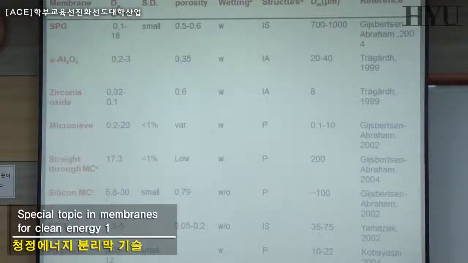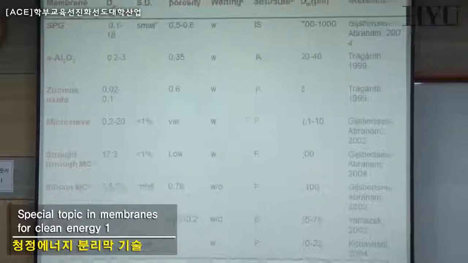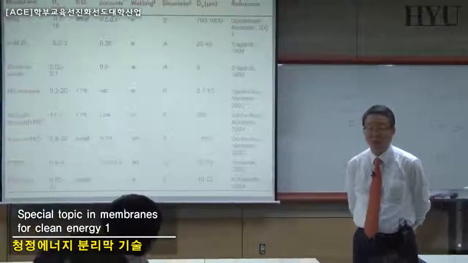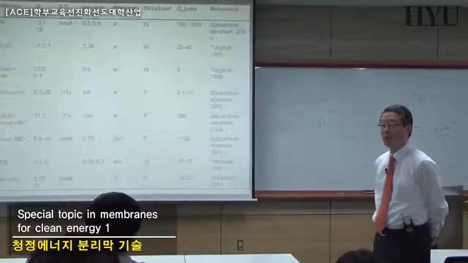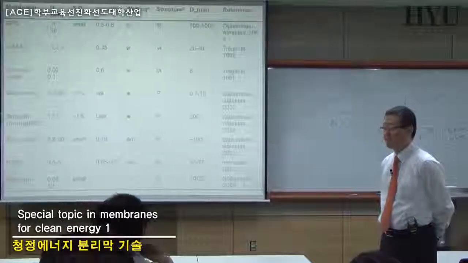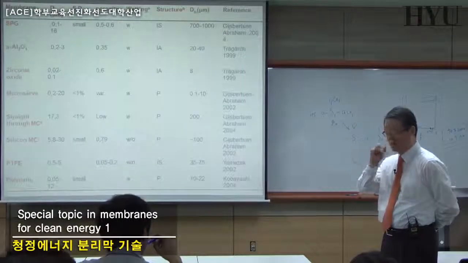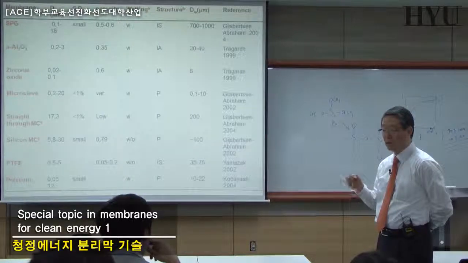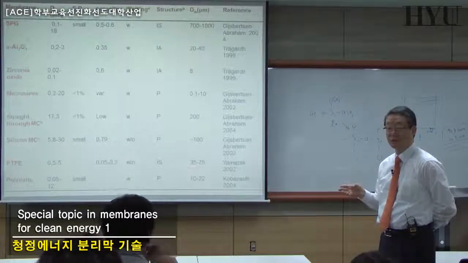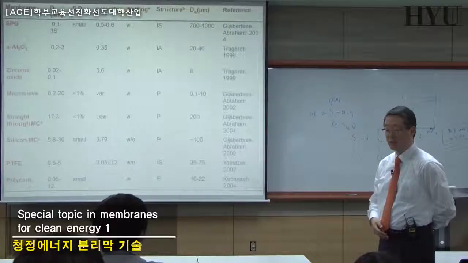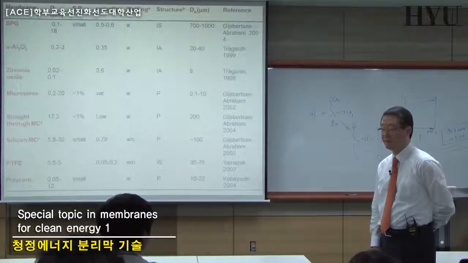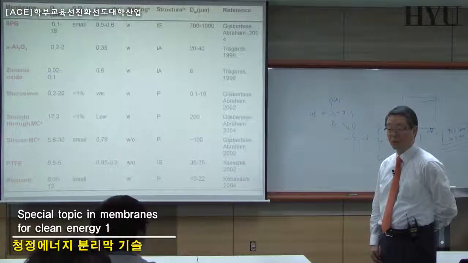So with that, I think I can just stop here, and we can talk about the characterization, how we can characterize the pore, how we can characterize the other properties of the membranes, perhaps next week.